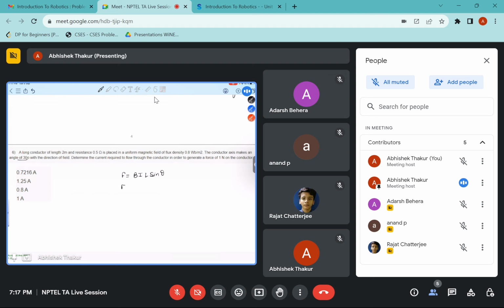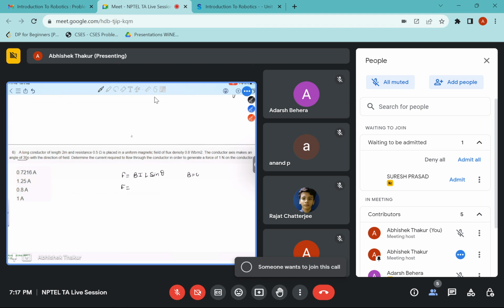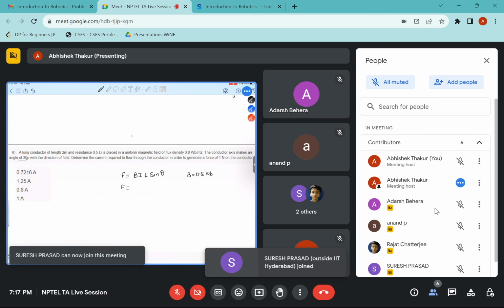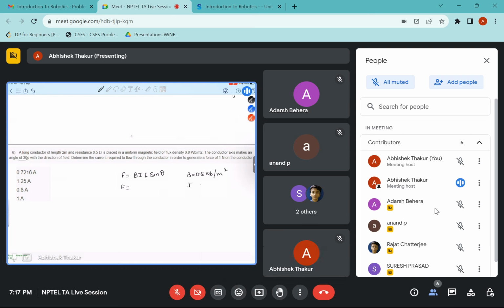So in this question, B is given, that is 0.8 Weber per meter square. I we have to find, and then force is given, that is 1 Newton.